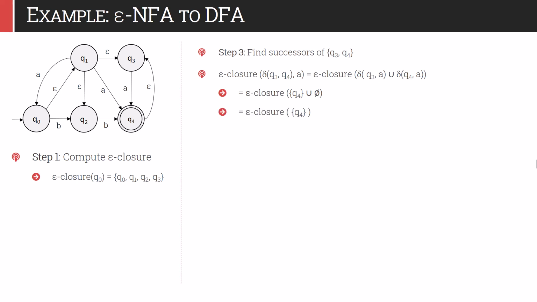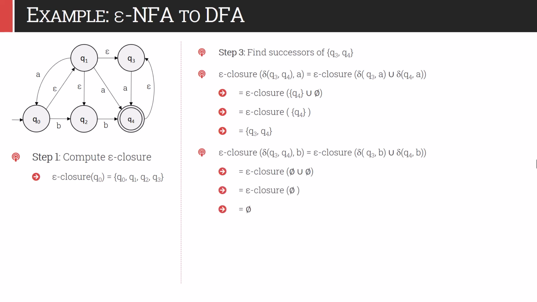That leads us to the epsilon closure of Q4, which is Q3, Q4. Now we will compute it for alphabet B. If we repeat the same process, we have phi as output. So no new states are produced. Q3, Q4 was produced, but it is already in the list, so we don't need to add it again.